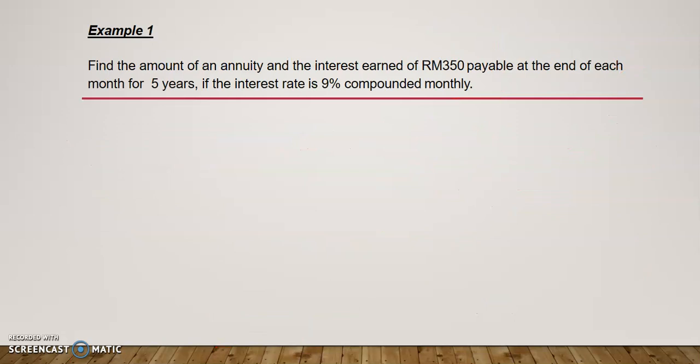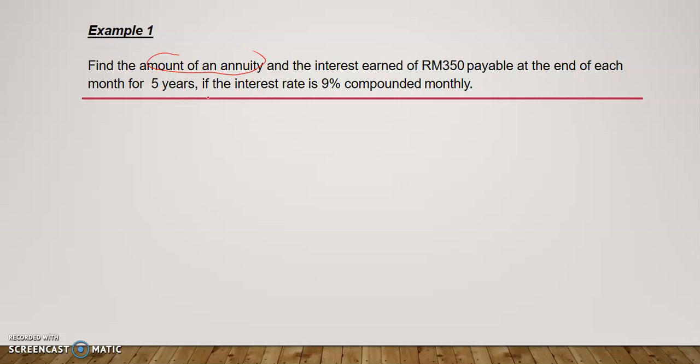Okay, let's try example number 1. Find the amount of an annuity and the interest earned of 350 ringgit payable at the end of each month for 5 years if the interest rate is 9% compounded monthly. For this example, you must find the amount of annuity.